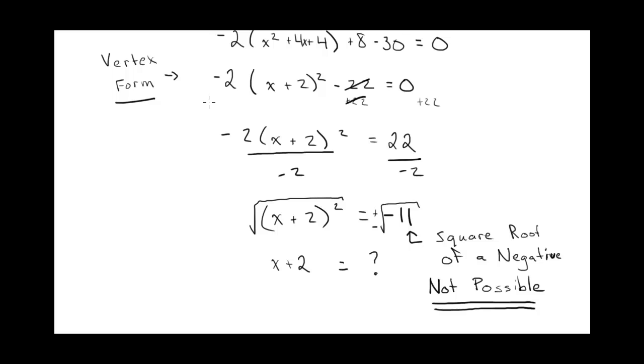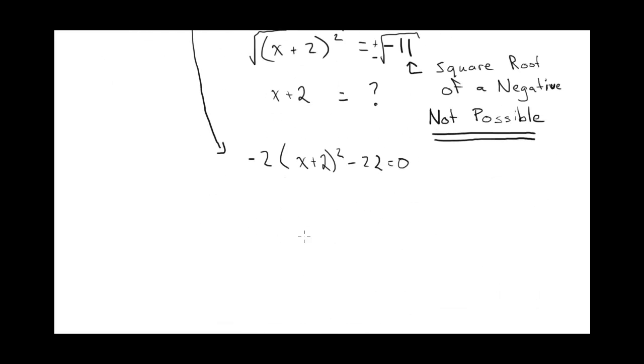Just as a visual explanation, let's look at the equation that we got in vertex form. When we converted it to vertex form, we had this equation. Well, let's think about not this equation, but the relation, if instead of making it equal to 0, you made it equal to y.